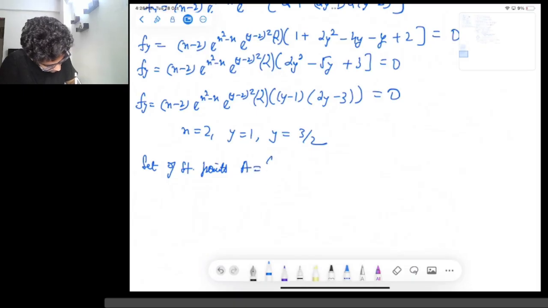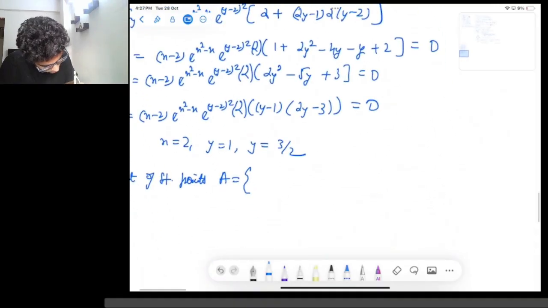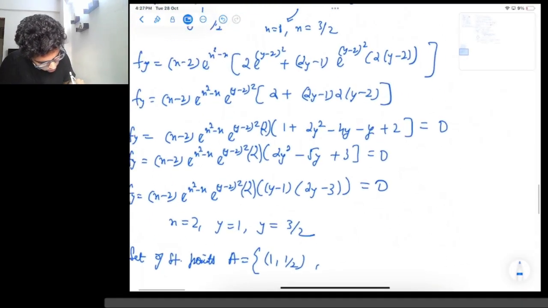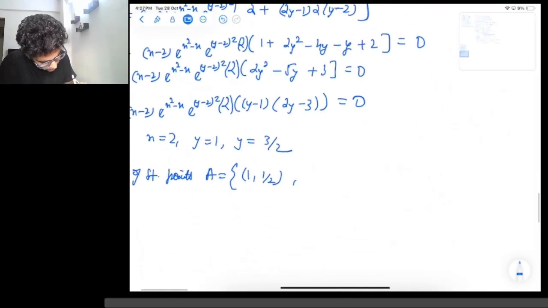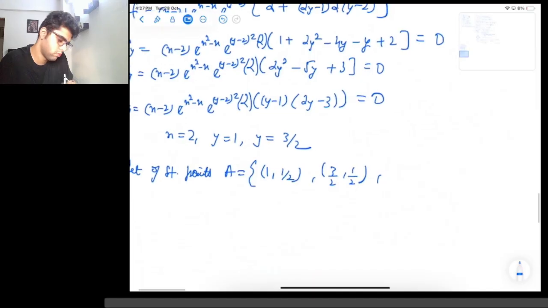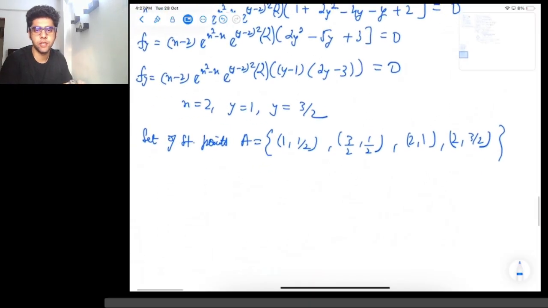Let me just write this as A, so this will be 1 comma half, 3 by 2 comma half, and it can be 2 comma 1, 2 comma 3 by 2, right? These are my set of stationary points.